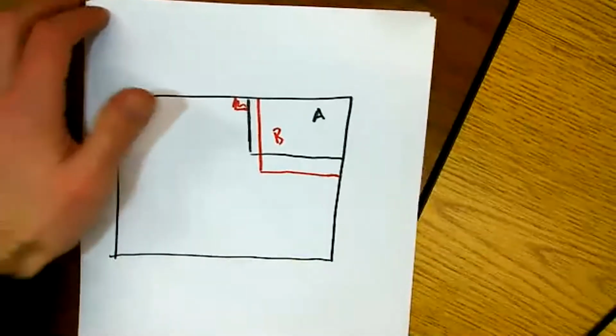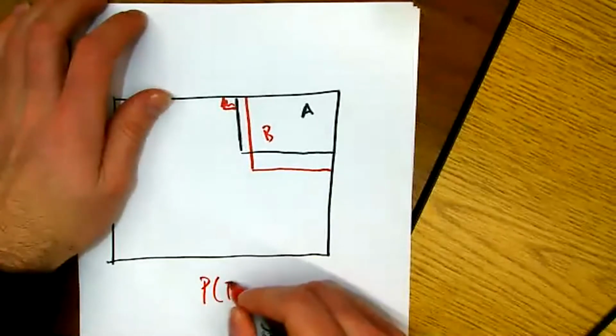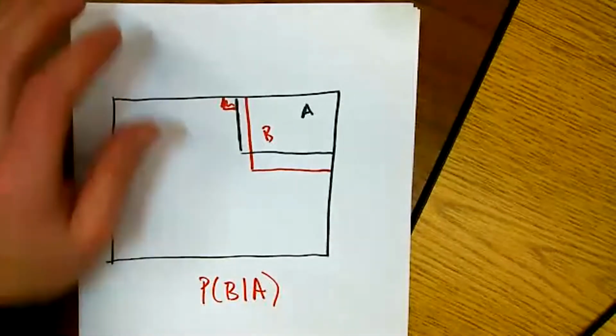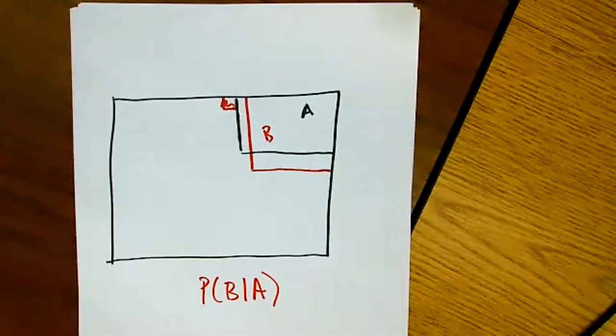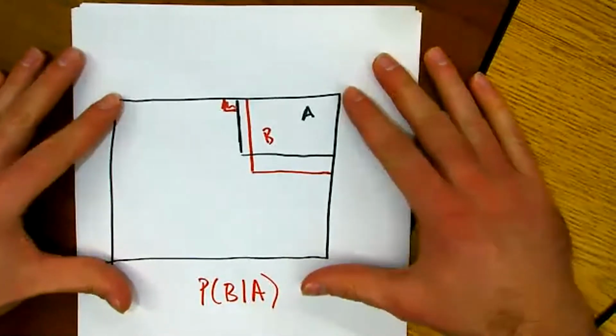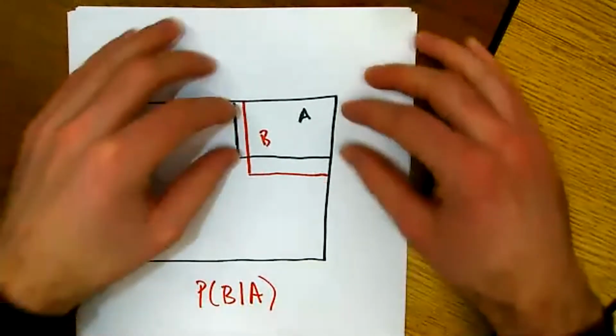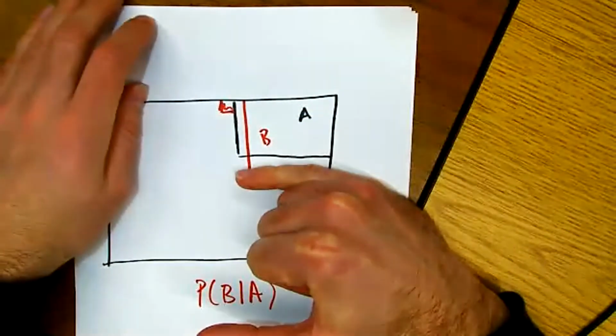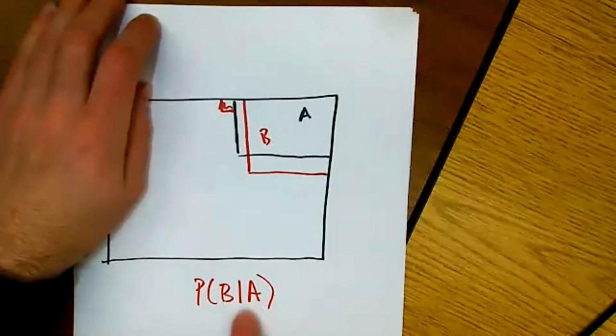But now, what's the probability that B occurs given that I know A has occurred? If you tell me for sure, without a doubt, A has occurred, the possible outcomes I could see are not this entire experimental outcome space. It's only the outcomes in this little rectangle, because you're telling me that A has definitely occurred.